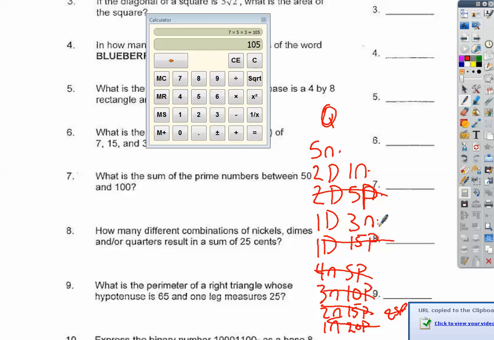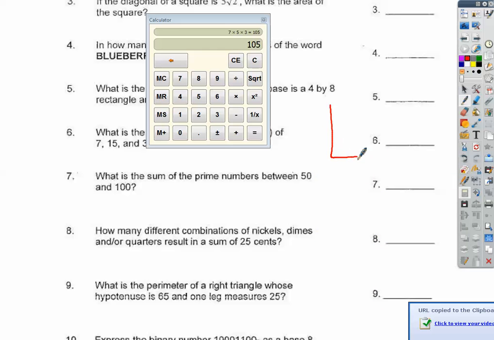What is the perimeter of a right triangle whose hypotenuse is 65 and one leg measures 25? All right, so draw out the triangle, and it's a right triangle. So the hypotenuse is 65, the leg is 25. So then, a squared plus b squared is equal to c squared.